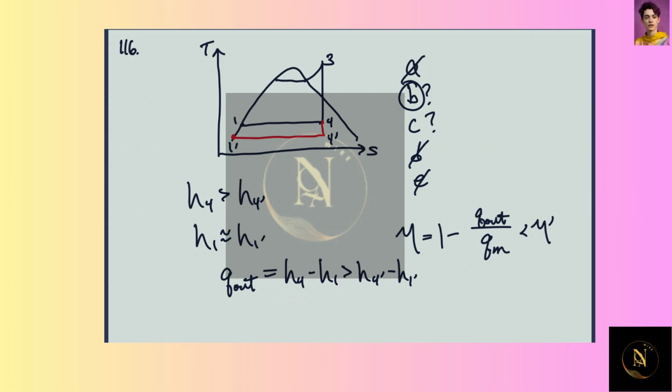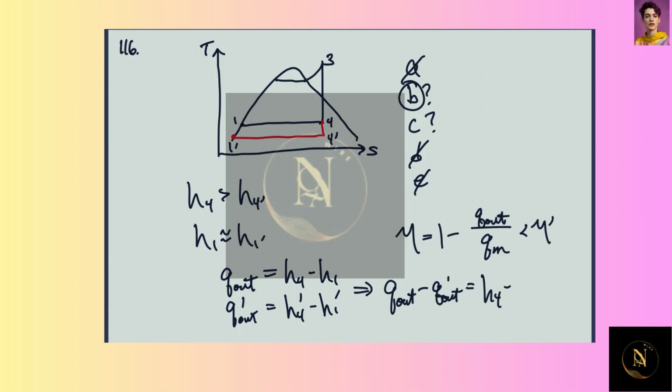Okay, let me write this in a slightly different way. Q out prime equals H4 prime minus H1 prime. And then we can say Q out minus Q out prime equals H4 minus H4 prime.